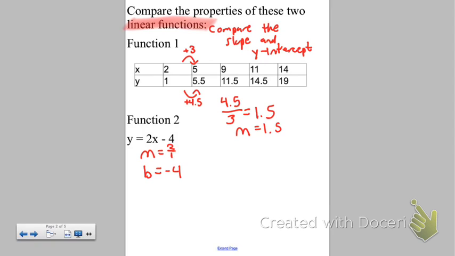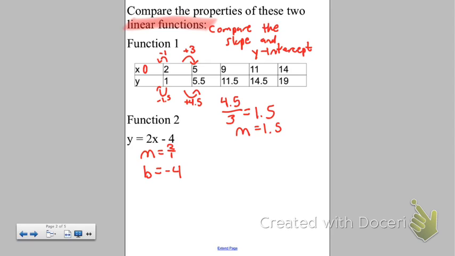I know that it's going to be 1 over 5 for all of the values in the table, because they tell me it's a linear function. So now I have to determine what my y-intercept is. In a table, the way to determine what your y-intercept is, is to find the y value when your x is 0. So I'm going to move based off of my slope. So if I move backwards, I'm going to subtract 1 in my x.